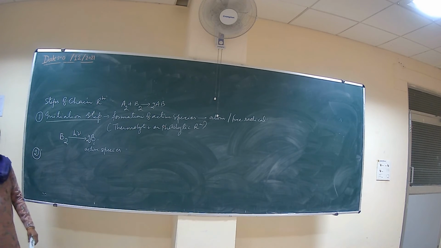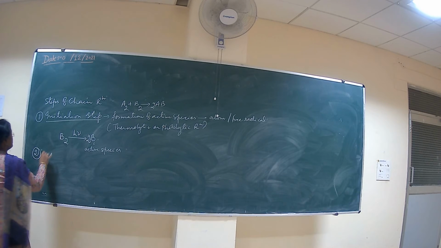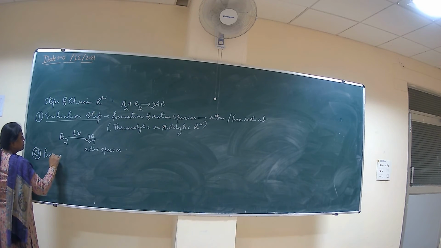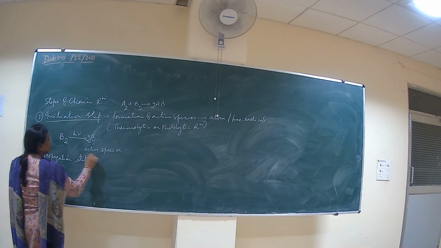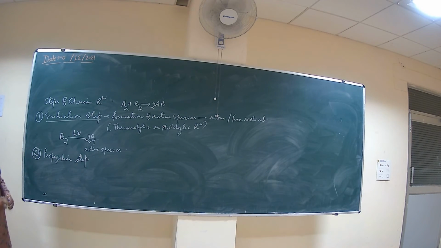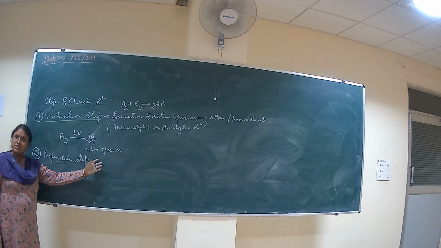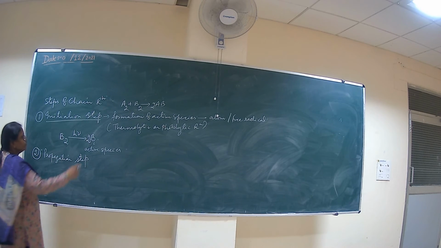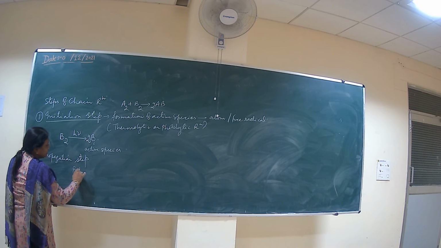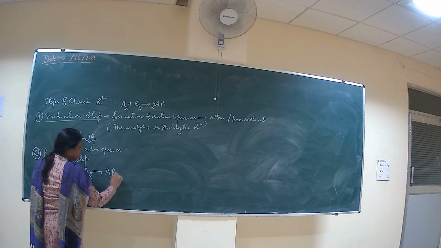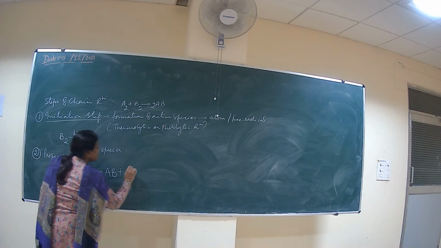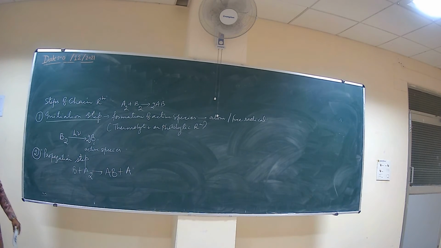So second step is the propagation step. Now in the propagation step the reaction proceeds for the formation of the product. तो ये जो हमारा active species है, this active species combines with the other reactant molecule and there is a formation of the product plus another active species. ठीक है?